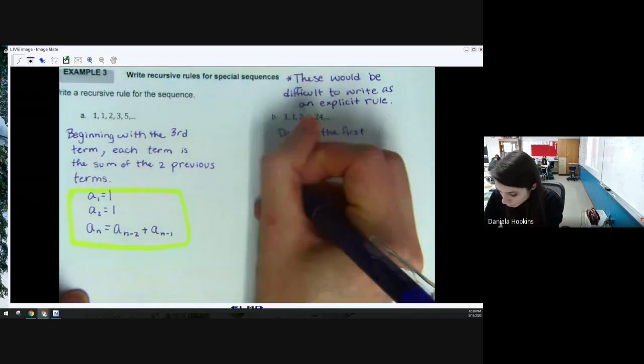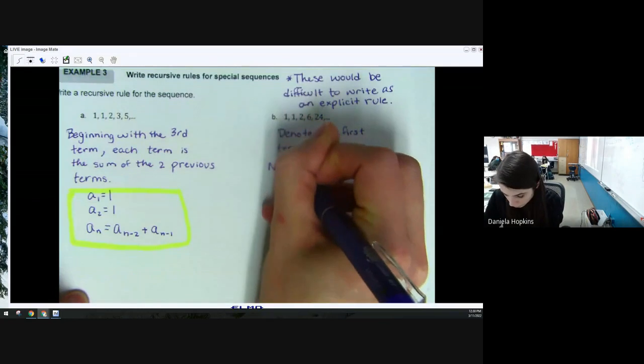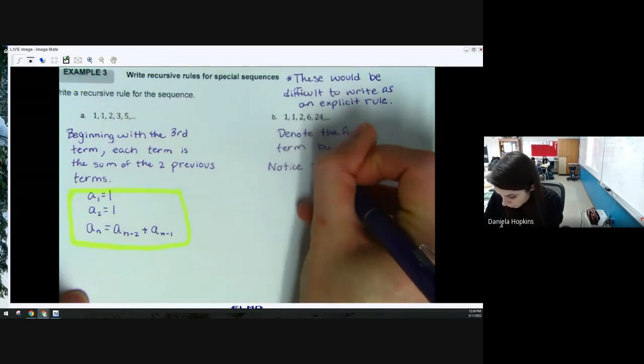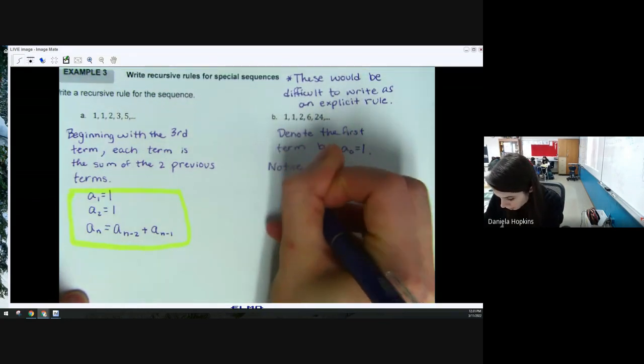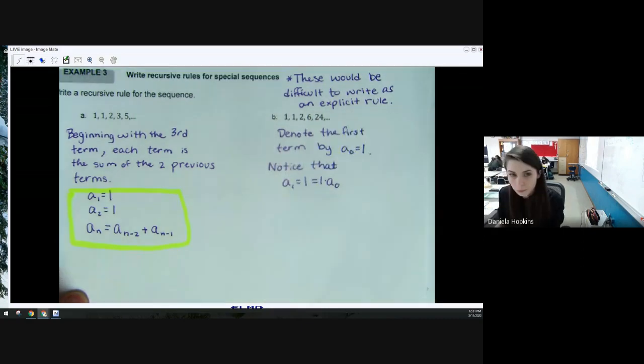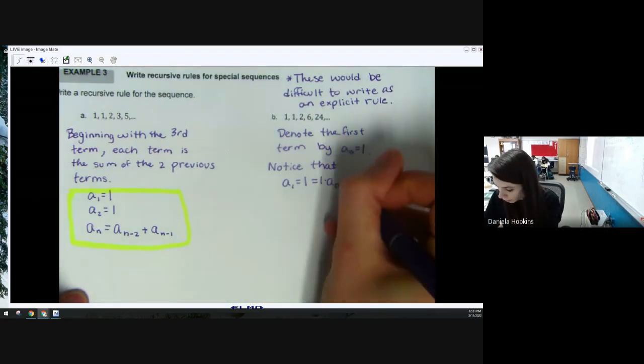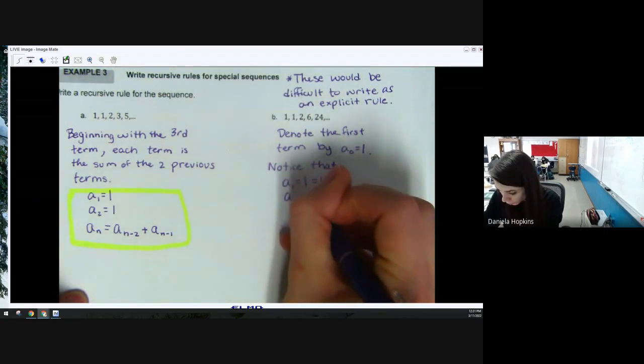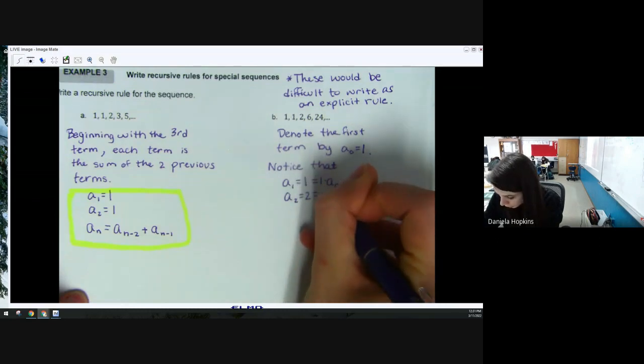And if we do that, let's notice that A1, which is 1, is equal to 1 times A0. Likewise, A2, which we see as 2, is equal to 2 times A1.